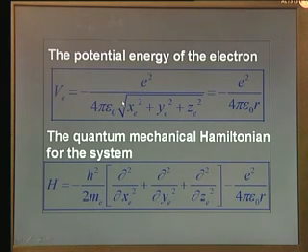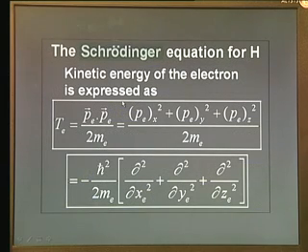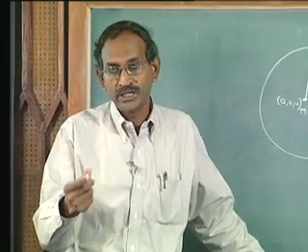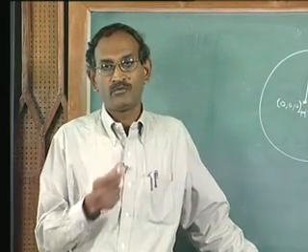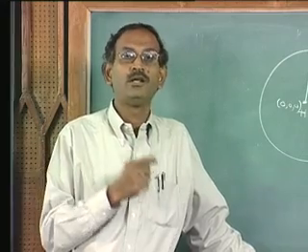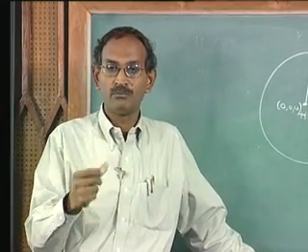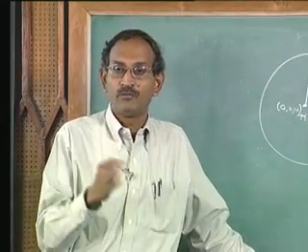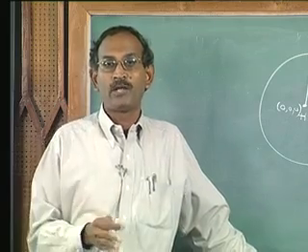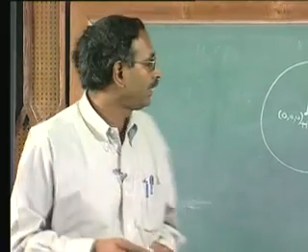Because the kinetic energy is p square by 2m and it is now in 3 dimensions, we can write the quantum mechanical equation by changing the p into minus i h bar d by dx, a partial derivative now, and you are familiar with that from the particle in a 2-dimensional box. This has been mentioned already. Therefore, p square is now replaced by the 3 partial derivatives.